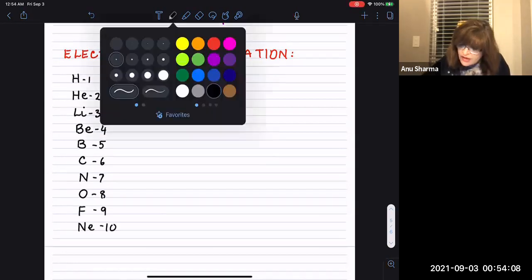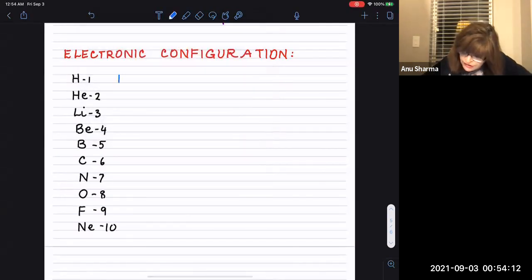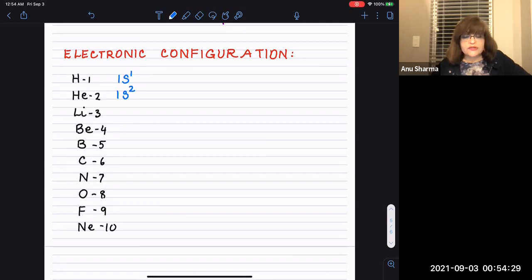Okay, so where is the first electron going to go in the case of hydrogen? Going to first energy level, s orbital, and we only need to place 1 electron. Helium is 2 electrons, first energy level, s orbital, and those 2 electrons go to the s orbital.